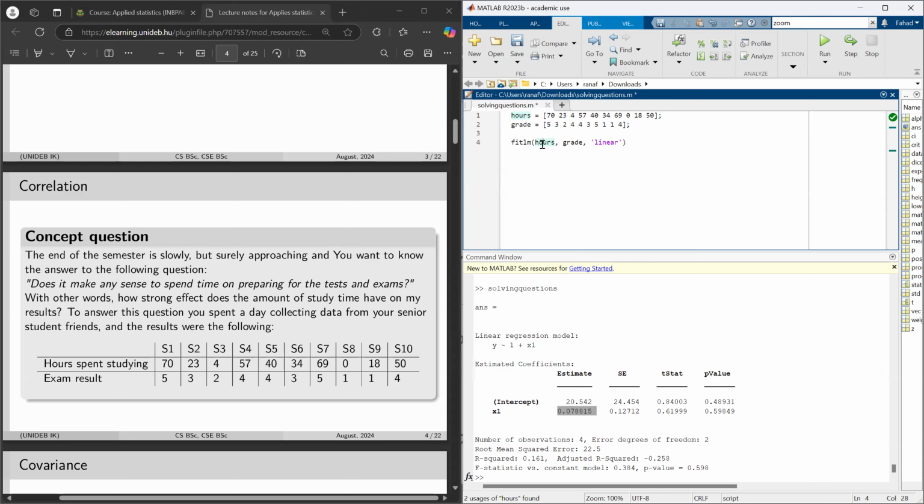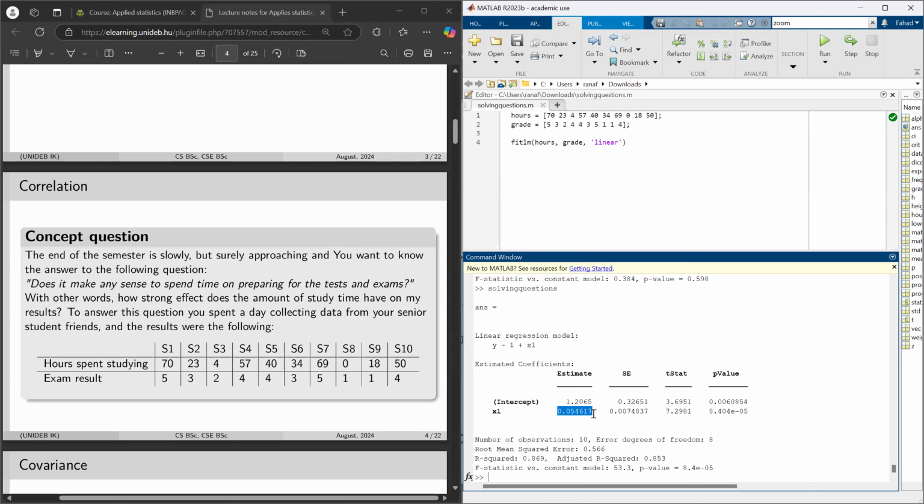By the way, in this case the order matters. I will tell you what it depends on. First we just do the fitlm. You can see here the equation will be 0.054 x plus 1.2065.